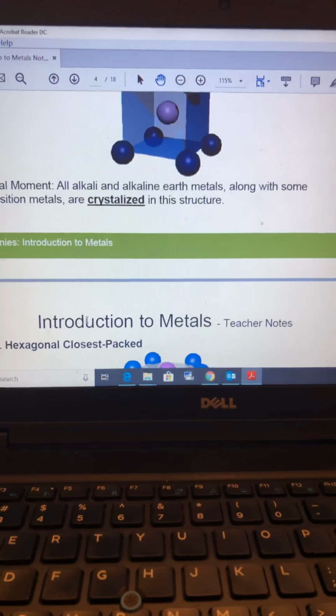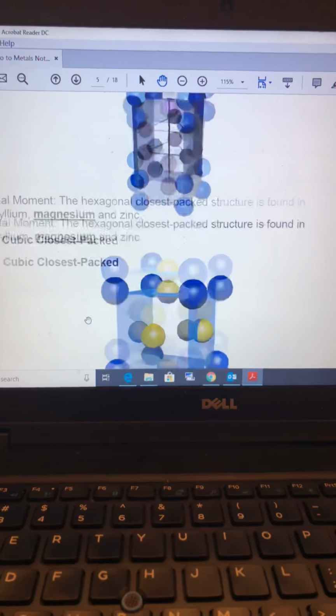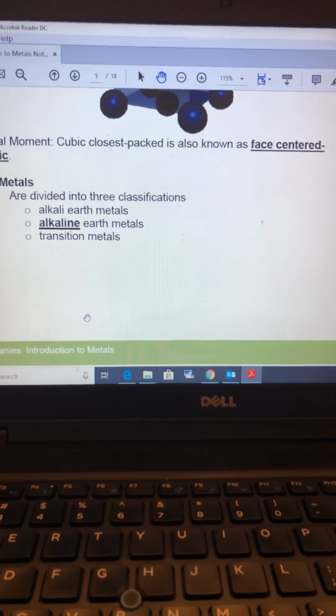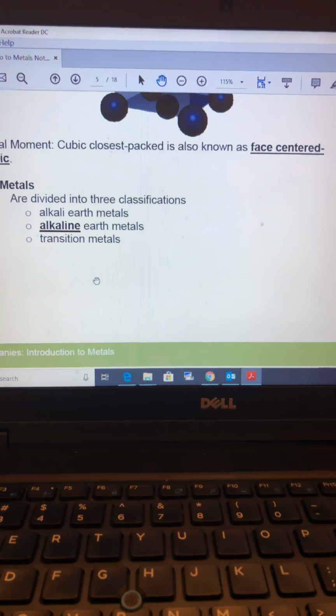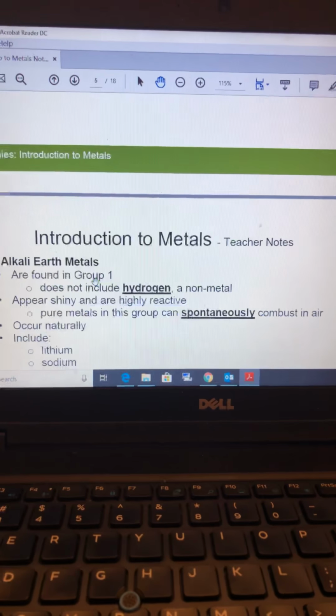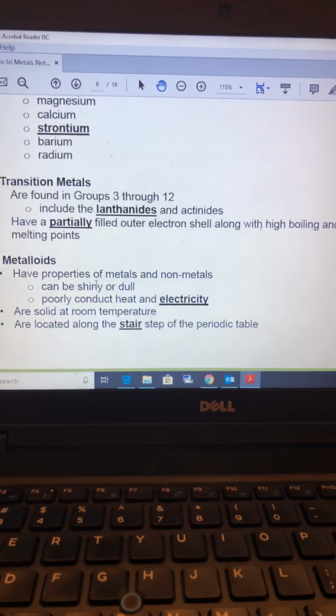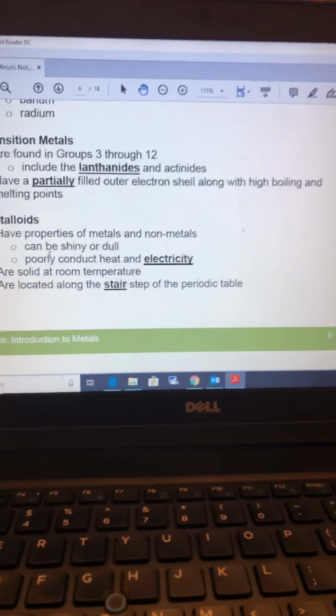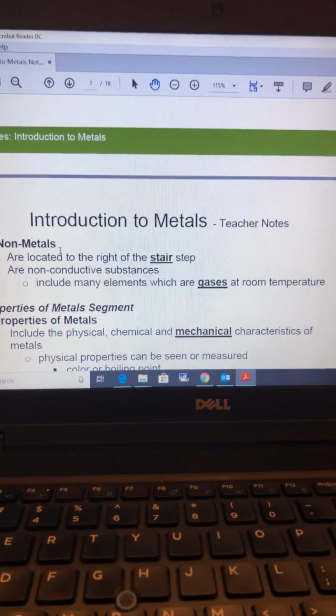There's body-centered, hexagonal, and cubic close packed. Here's some different things where it talks about classification of metals: alkali, alkaline earth, and transition. We're going to continue to move on through that, though. Some of these are in your Quizlet, where we're talking about metals, metalloids, and non-metals.